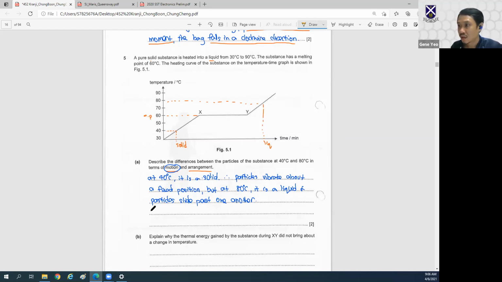So in a solid, particles are closely packed in an orderly arrangement, but in a liquid, particles are disorderly.